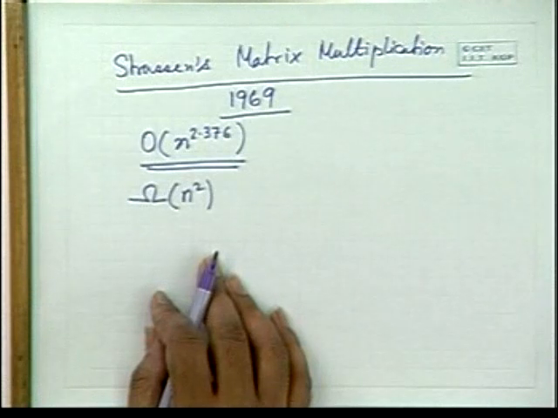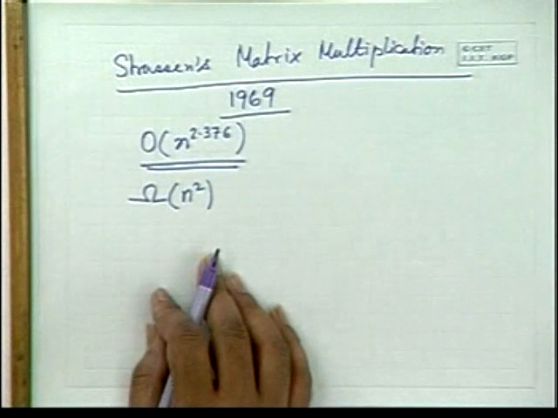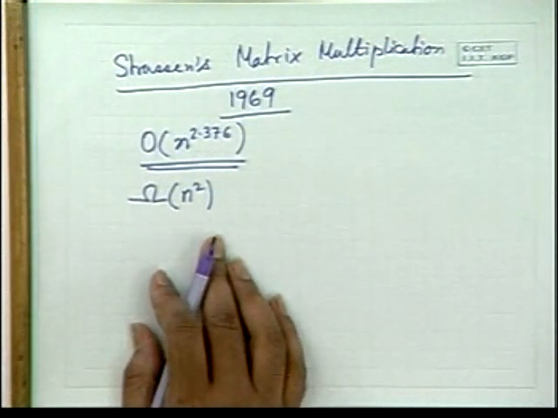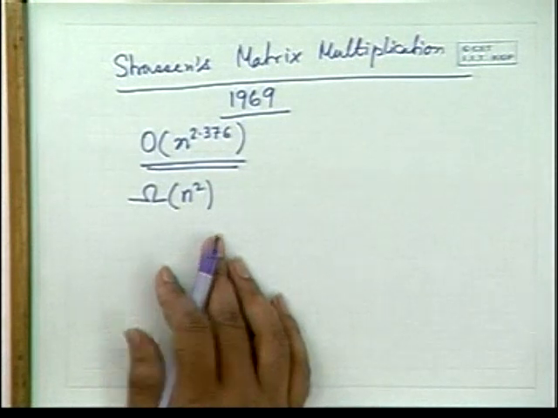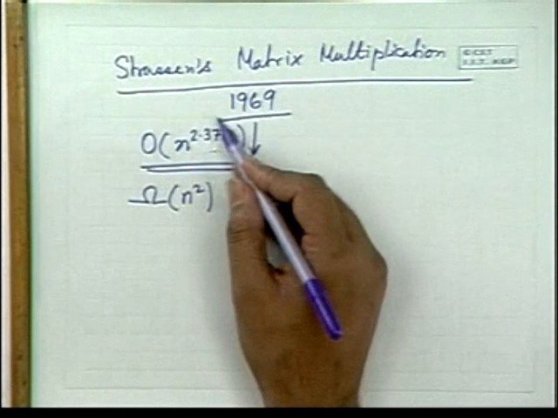Till today, the only thing we know is that it will require at least n square time. Nobody knows whether it will require more than that. N square is obvious because we have to compute at least n square elements for the matrix C. So we cannot avoid n square computation. So the lower bound is obvious, but nobody has improved the lower bound beyond this. And the upper bound is this. So this is quite close, but still there is a gap.